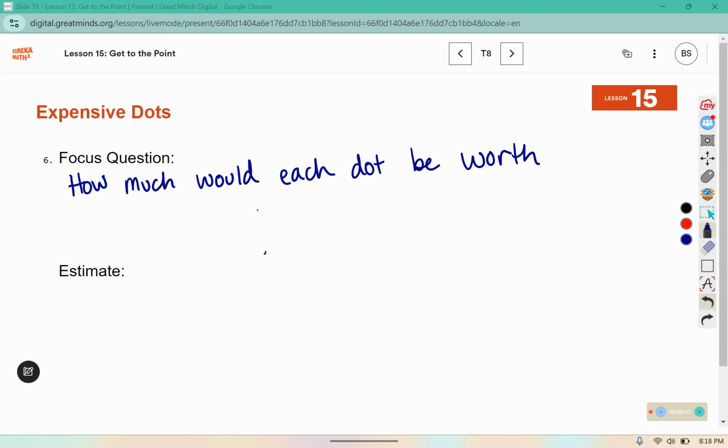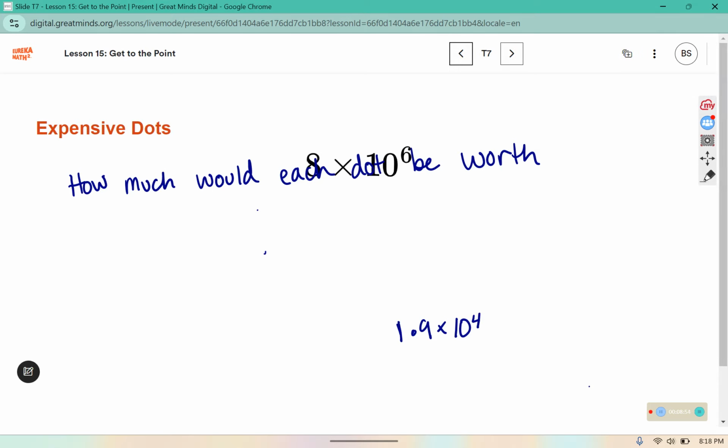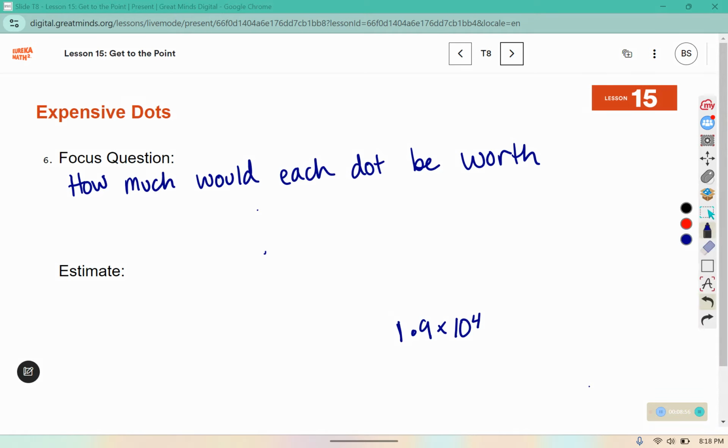And we estimated that there were 1.9 times 10 to the 4th dots in the painting. And we just saw that the painting was worth 8 times 10 to the 6th dollars. So when we divide those two, remember we divide the initial values.